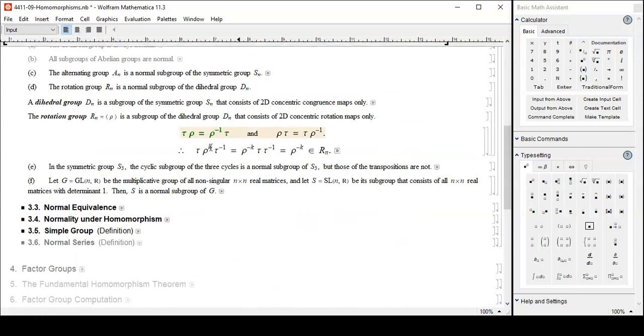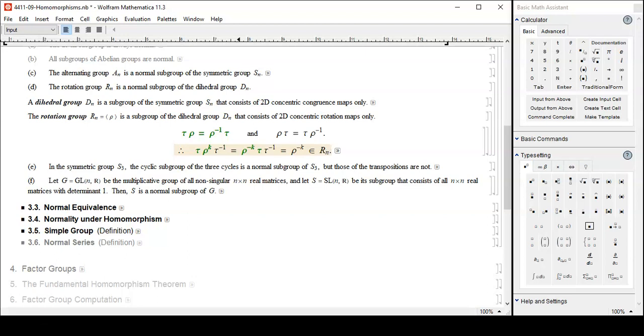So if I use this rule to these two and then repeat k times, then that's what you're going to get. And then these two cancel out. So the arbitrary element of this cyclic group, rho to the k power, ended up with another element, rho to the negative k power of the same cyclic group.